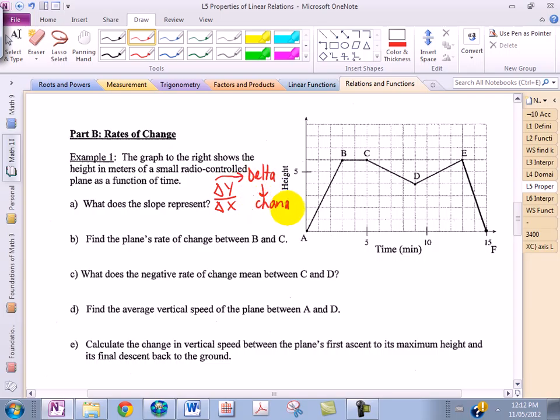It's basically a diagonal D, a little triangle. Basically what that means is your rise over your run, right? It's your y1 minus y2 over x1 minus x2. So this is the rate of change, which is your slope.